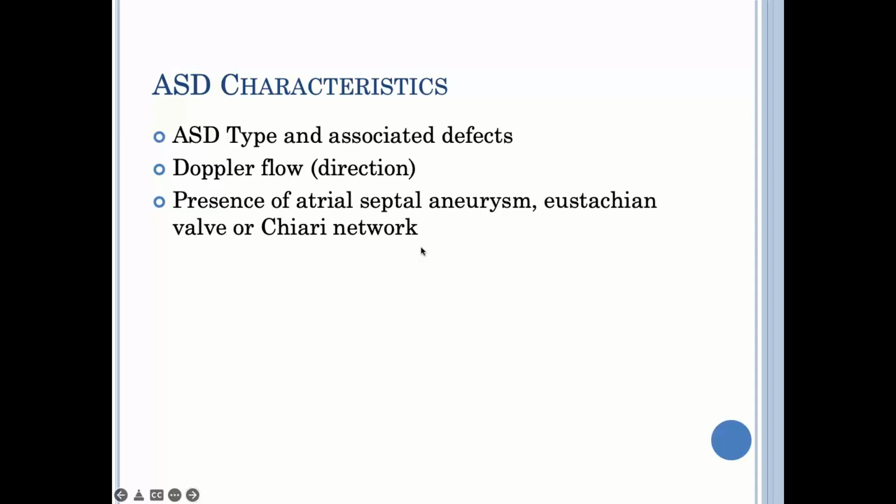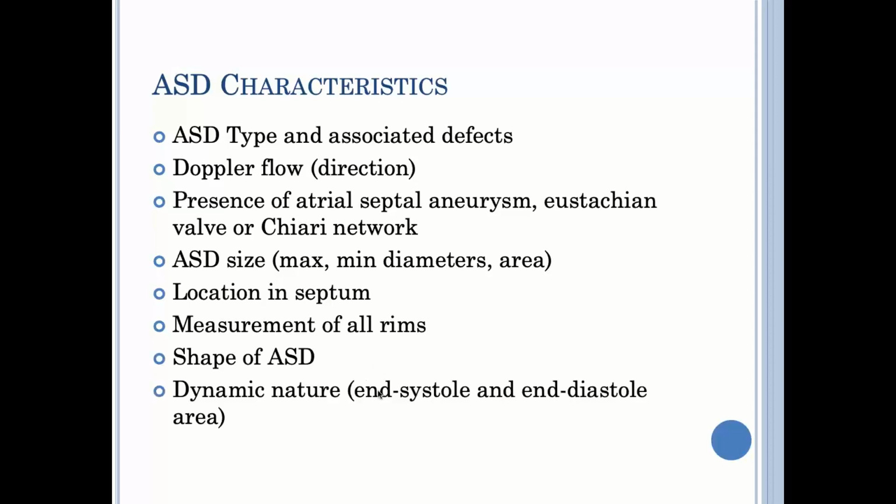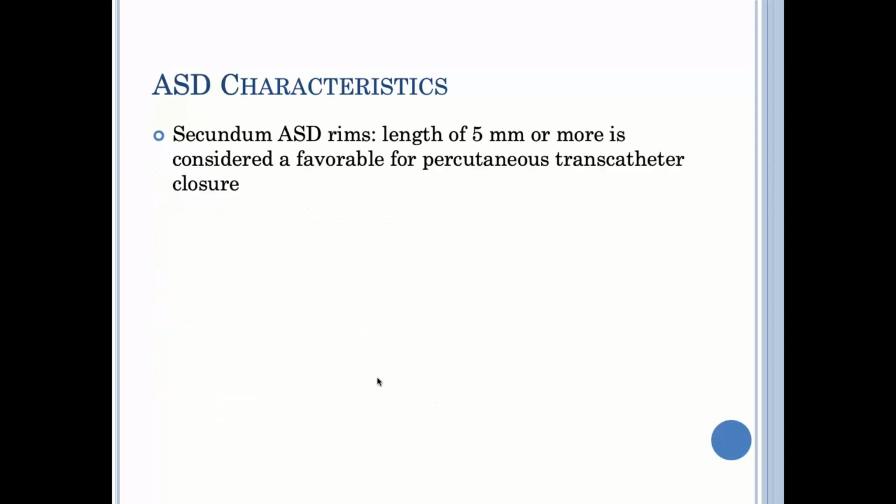And then there is presence of other associated structures like atrial septal aneurysms, Eustachian valve, or Chiari network. And the size of the ASD, the minimum and maximum diameters and areas, location on the septum, measurement of all the rims, shape, and any dynamic variability. So whether the minimum and maximum areas change with systole and diastole.